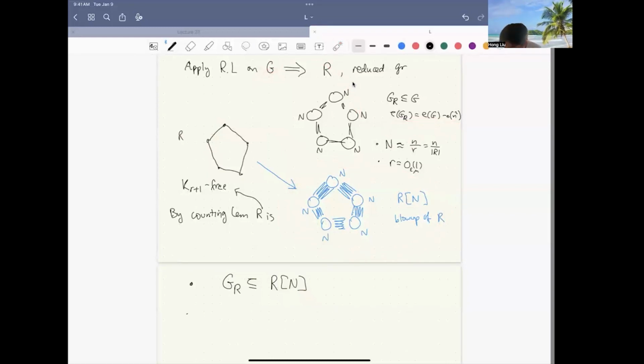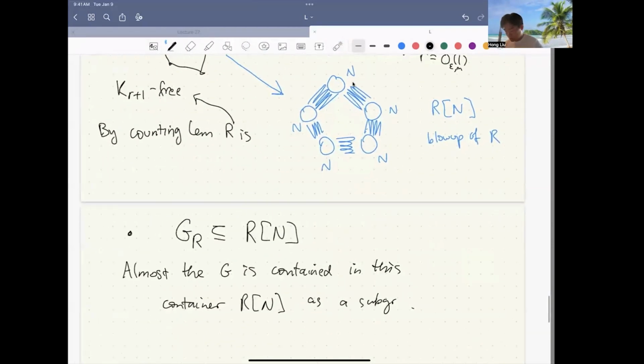So this means almost the whole G is contained in this container R[n] as a subgraph. Does it make sense? Okay.